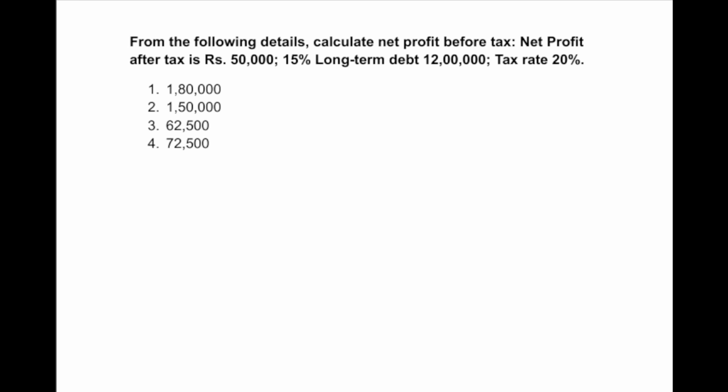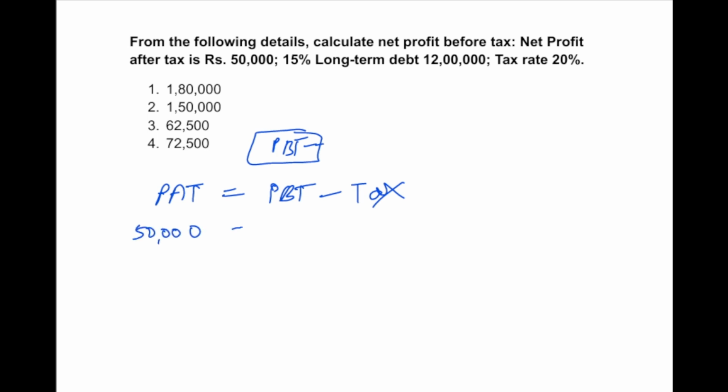In this, we have to calculate net profit before tax and profit after tax is given. So profit after tax is equal to profit before tax minus tax. Profit after tax is 50,000. PBT we have to calculate, let's say assume it to be X. Tax is 20%.